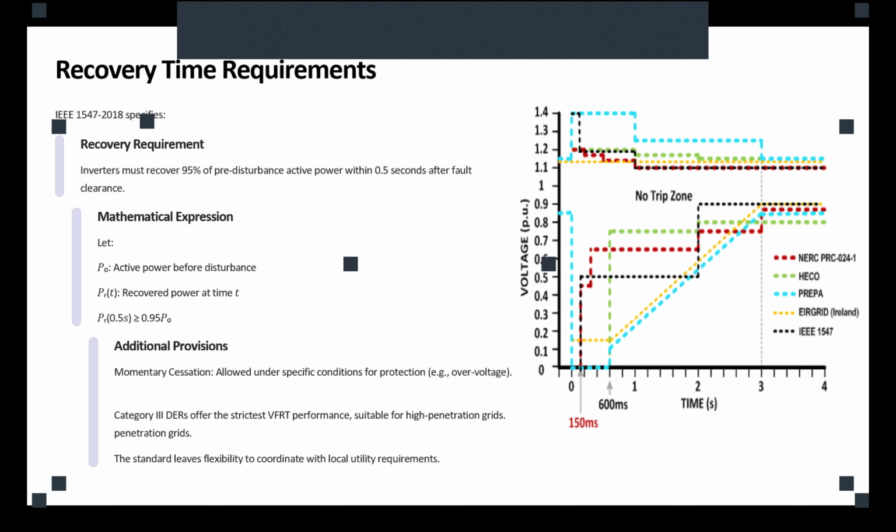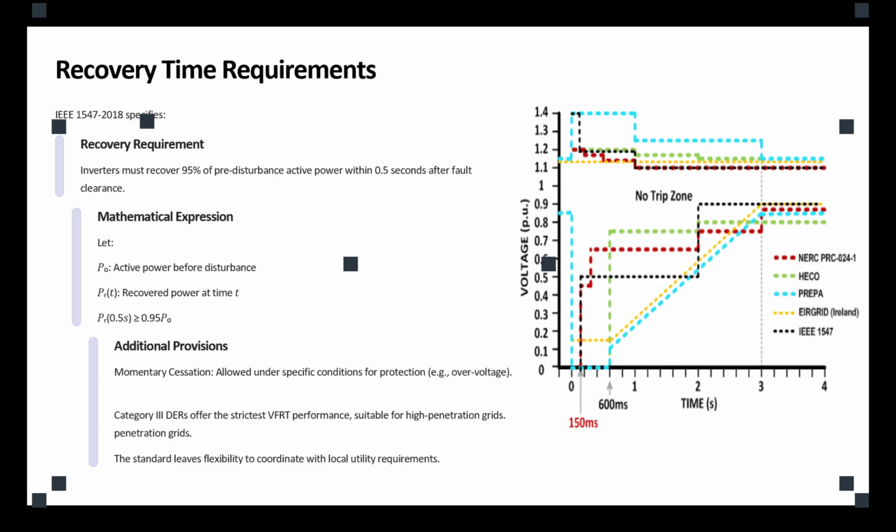Now, let's say we had a fault, we stayed connected, and we followed the rules of fault ride-through. Now the fault is clear. How can we get from the fault ride-through situation to the nominal situation?